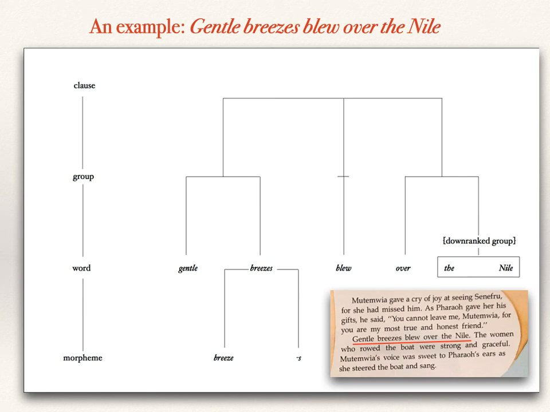So this tree diagram, as they're called, shows that the clause consists of 3 groups. Gentle breezes, then blew, and then over the Nile, which is in fact a prepositional phrase with a downranked group within it. As you can see, in the limiting case, a group consists of a single word, like blew.